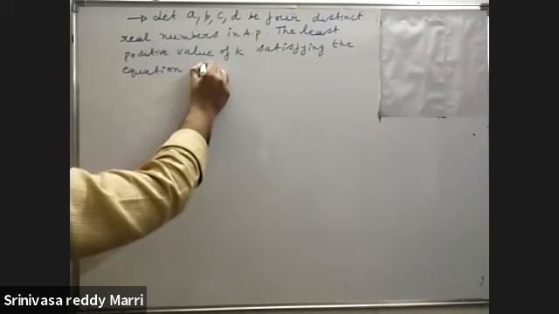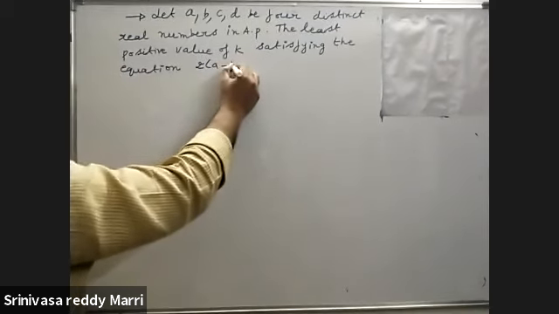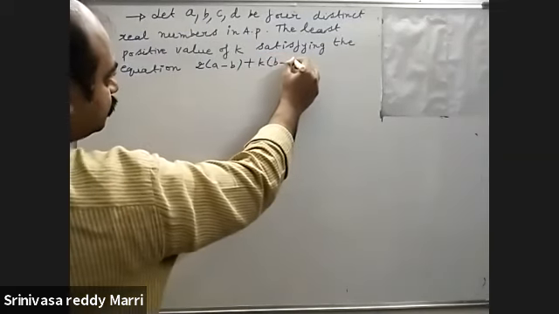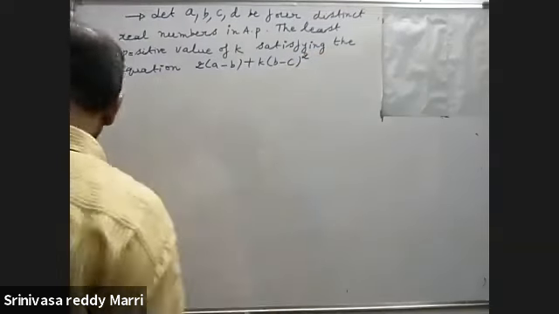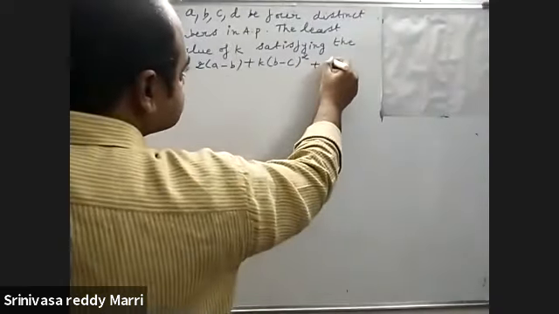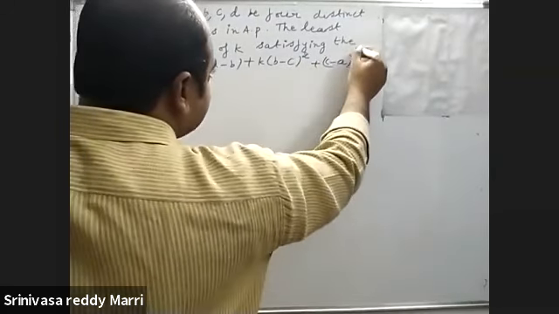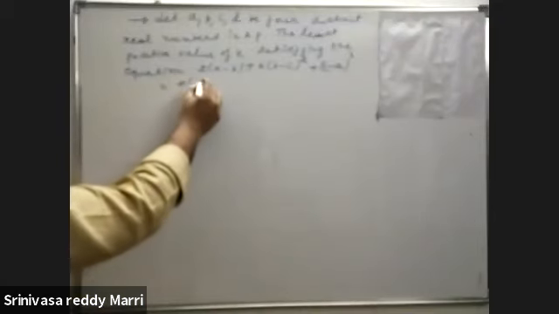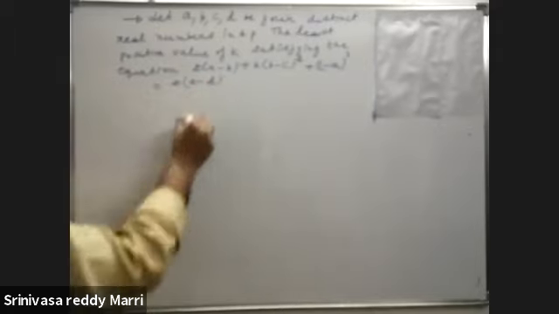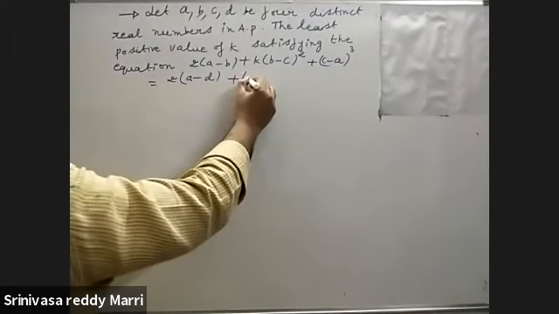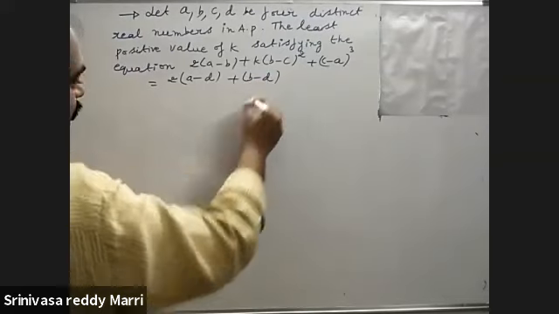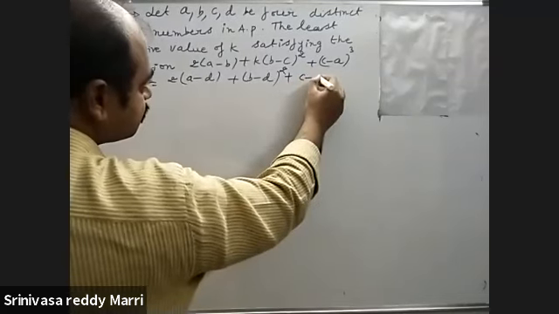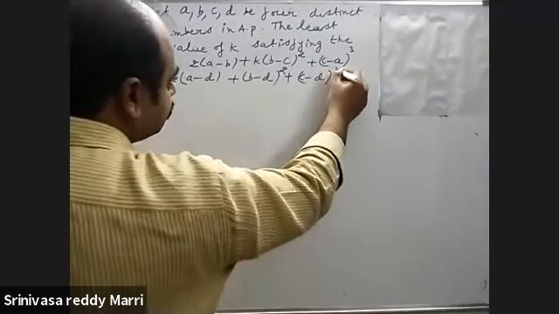One equation is given: 2 into (A minus B) plus K into (B minus C) whole square plus (C minus A) whole cube equals 2 into (A minus D) plus (B minus D) whole square plus (C minus D) whole cube.